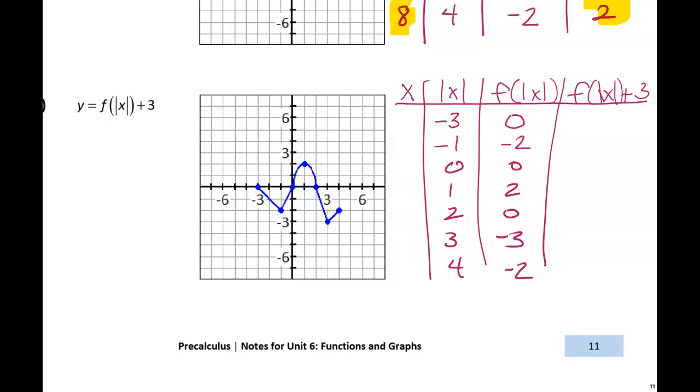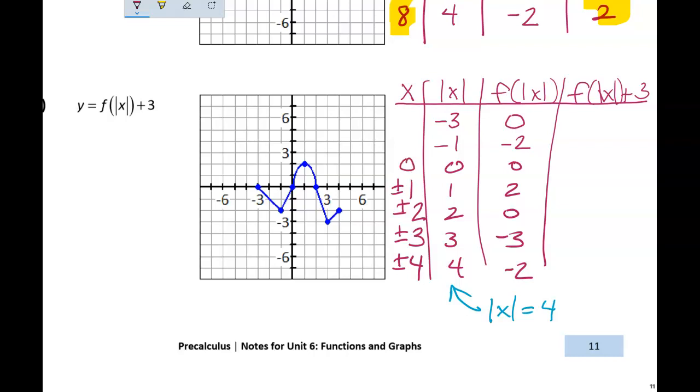It's easy to take the absolute value of x, but when we're undoing it, we have to think about solving the equation. The absolute value of x is equal to 4. What is x? And that would be plus or minus 4. Same idea for 3 and for 2 and for 1. When the absolute value of x is equal to 0, x can only be 0.